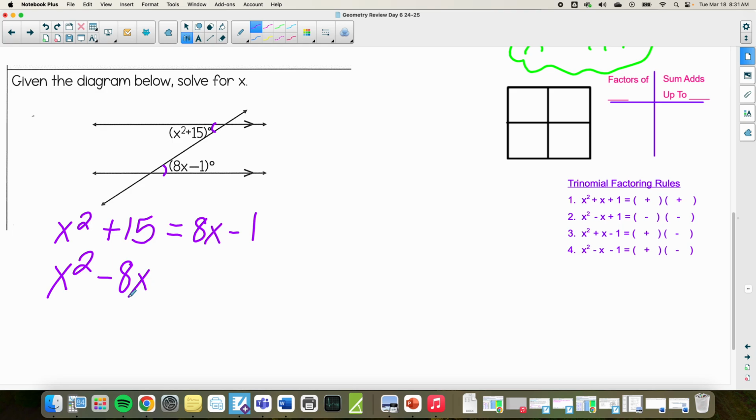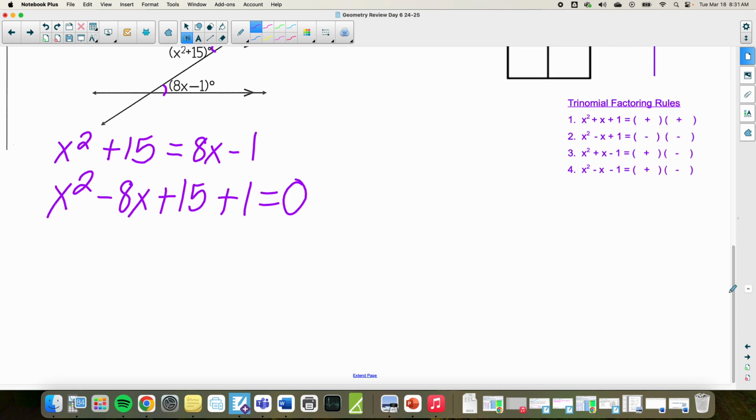Now, that plus 15 is still on the left, but I also want to bring this negative 1 over to the left side. And when you bring a negative over to the left and change sides, it's going to change the sign. Okay? Now, what I would do is combine these two. So I'd have x squared minus 8x plus 16 equals 0.